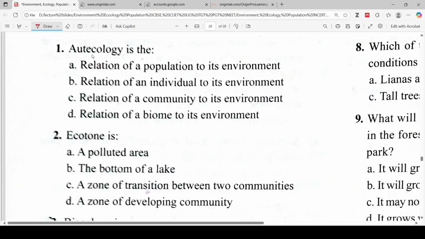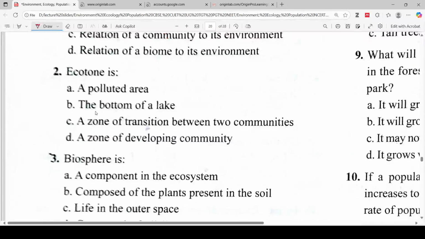Next question. What is ecology in relation to an individual and its environment? The ecotone, a zone of transition between two communities.